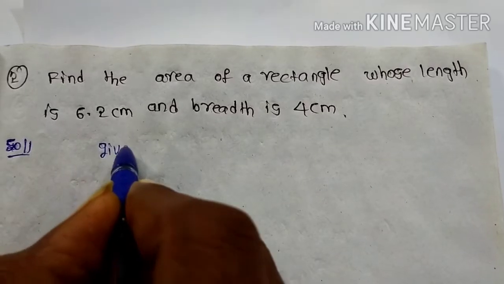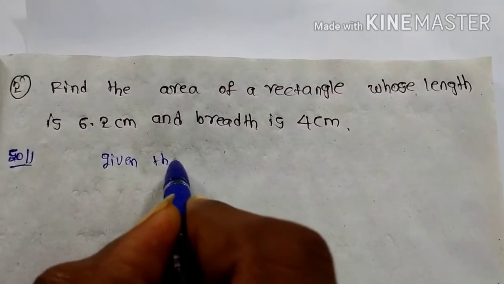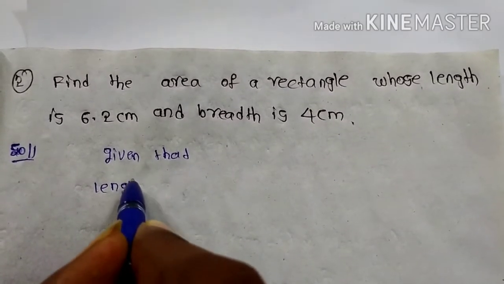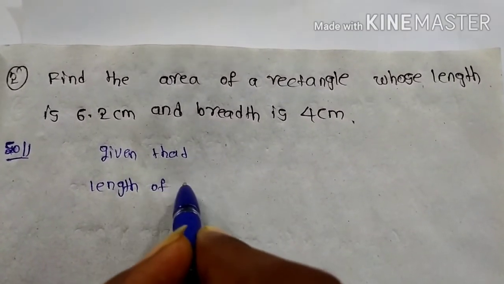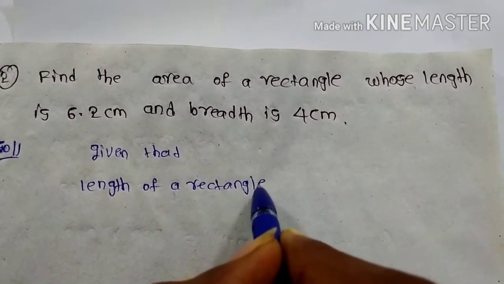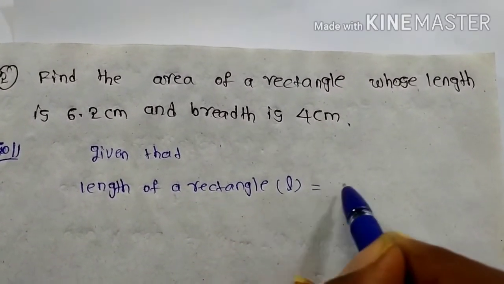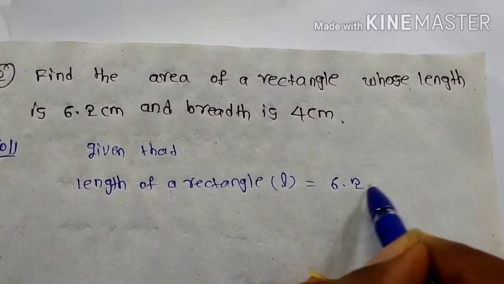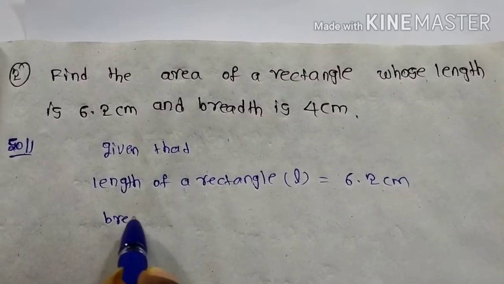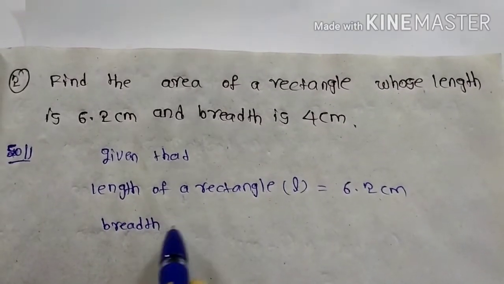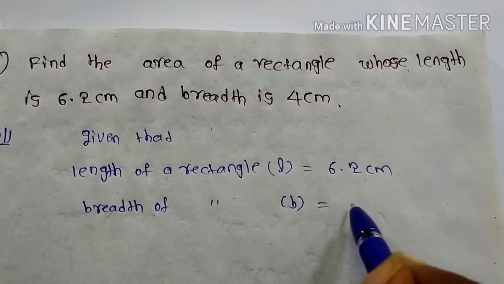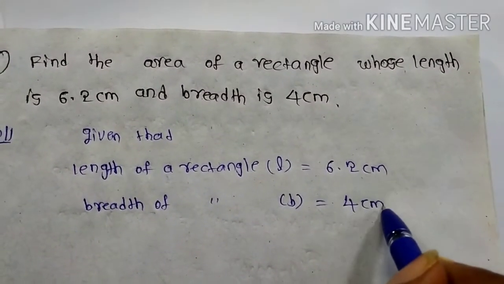Given that, length of a rectangle, L is equal to 6.2 centimeters. In the similar way, breadth of a rectangle, B is equal to 4 centimeters.